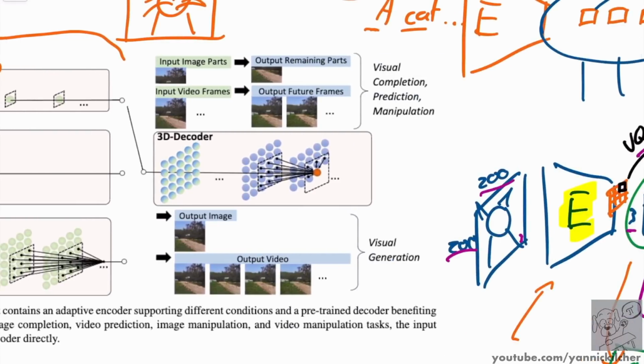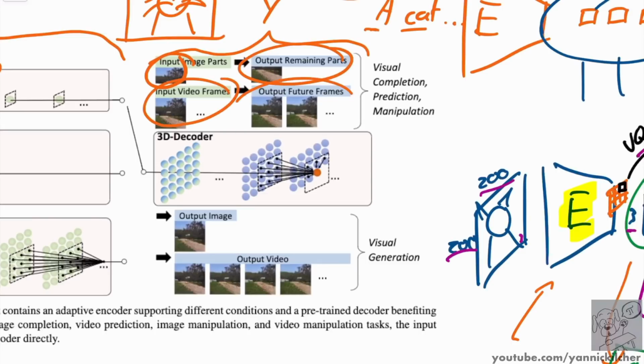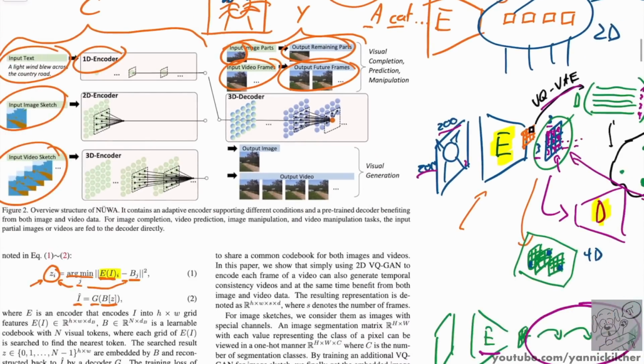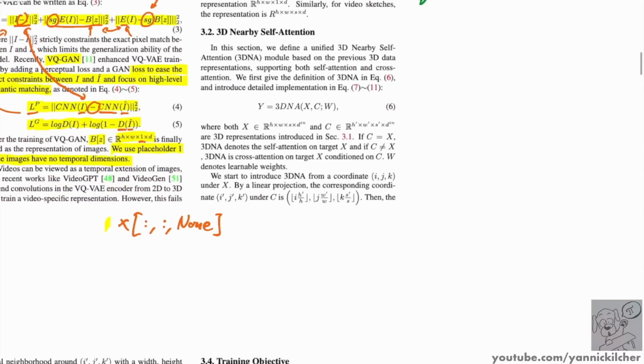The part over here they would generally call the output Y, even if half of it is actual input into the algorithm. Here you can see the input is part of an image, and the output is the remaining part of that image. Or the input is the video frame, the output is the future frames. That is the output part. And this should remind you of the original transformer architecture.